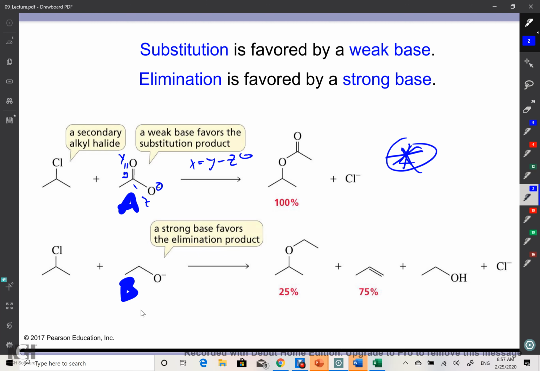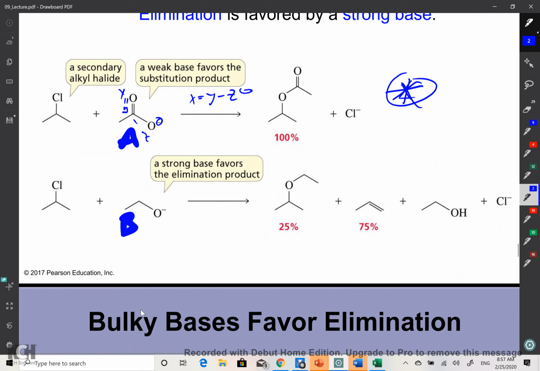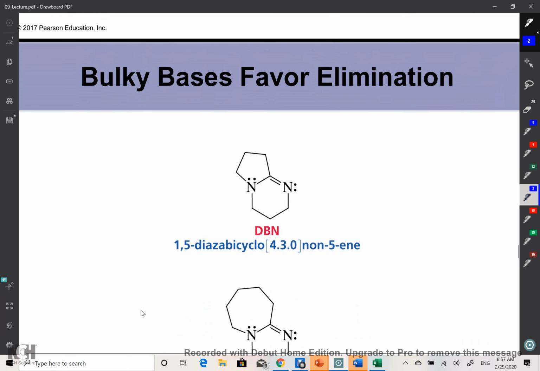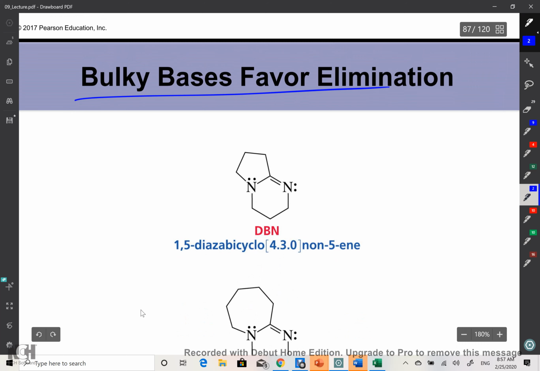Okay. So the take-note message is that if your nucleophile is stable, your nucleophile is a weak base. And if your nucleophile is a weak base, then it will prefer to undergo a substitution reaction. Does that make sense? Already we mentioned it, right? That steric hindrance favors elimination.